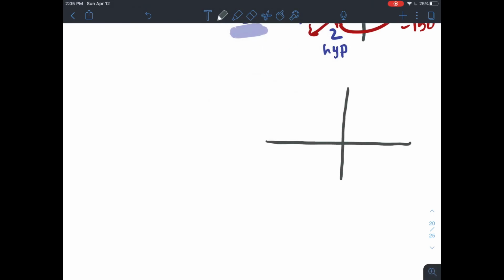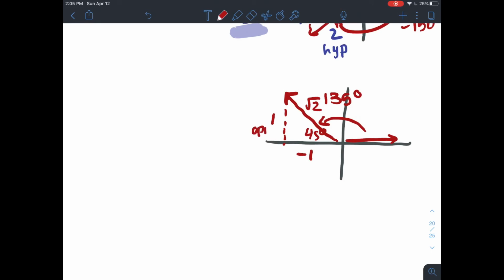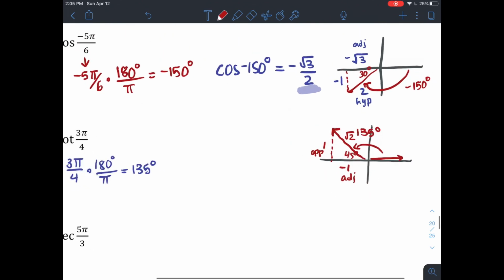So 135 would be in quadrant 2 for its terminal side, and then your reference angle down to the x-axis, down to 180, is an angle measure of 45 degrees. So we're looking at your 45, 45, 90 special triangle. And then we're doing cotangent, so we're going to have to do adjacent over opposite, which is negative 1 divided by positive 1. So cotangent of 3 pi over 4, or 135 degrees, is just going to be negative 1.